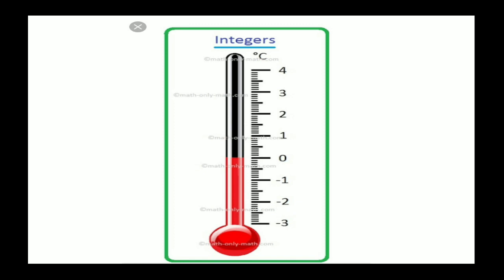Now, here I have shown you a thermometer. Through this thermometer, it will be good for you to understand. A thermometer is used to record the temperature. The red color can be mercury or alcohol. If you hold this thermometer in a hot substance, the temperature will rise, more than 0.